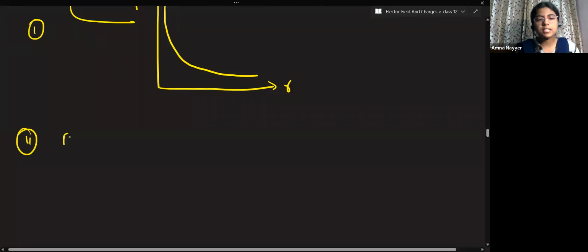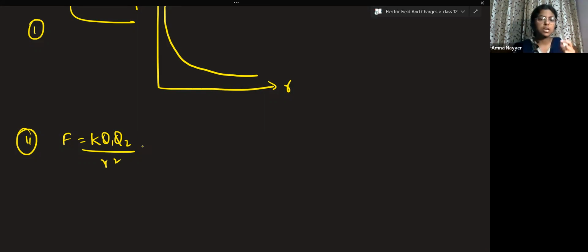See, this is the formula that you have, k q1 q2 divided by r square. Now in the first part, the question was asking you force versus distance. So force is inversely proportional to the square of distance, so you got the graph like this, the way we have drawn it for the first part.